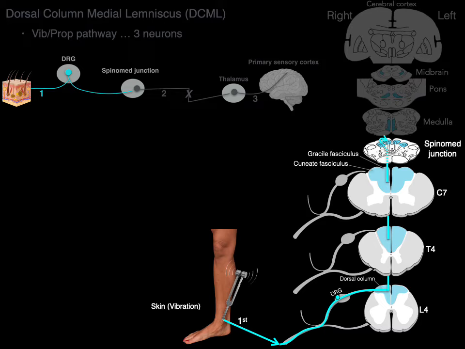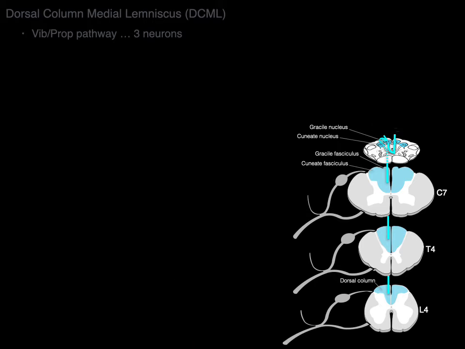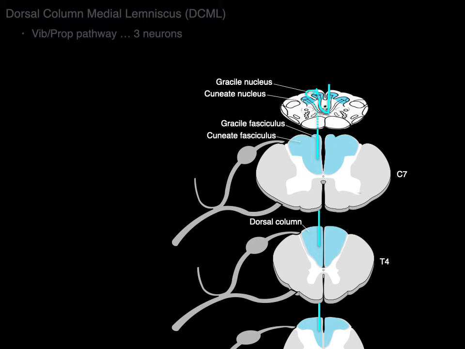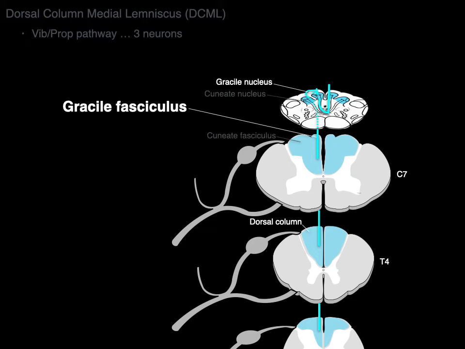And that primary order neuron is going to synapse in the gracile nucleus, but there's also a cuneate nucleus. What's the deal with those? Well, let's take a second and blow that up and talk about it. The gracile fasciculus is a part of the dorsal column, and gracile is Greek for slender, like the gracilis muscle in the medial part of the thigh is very slender.